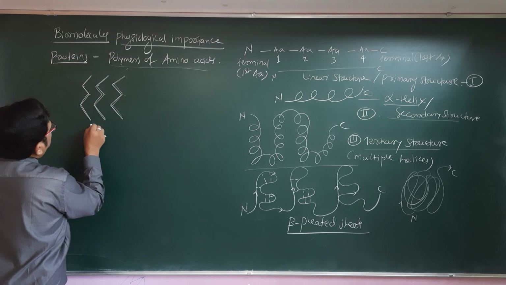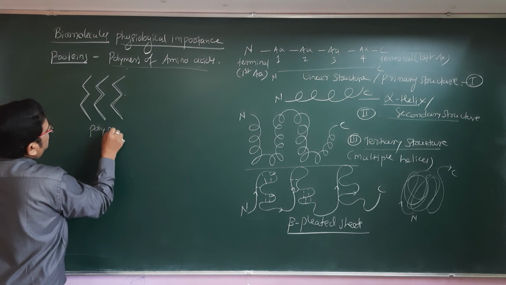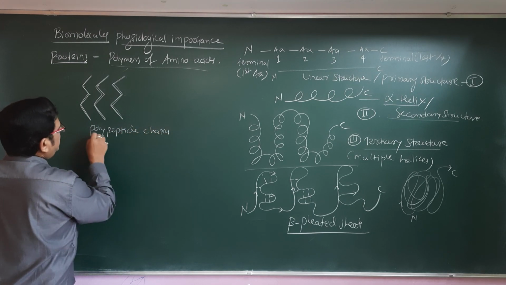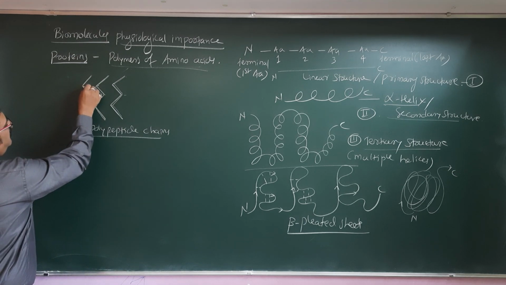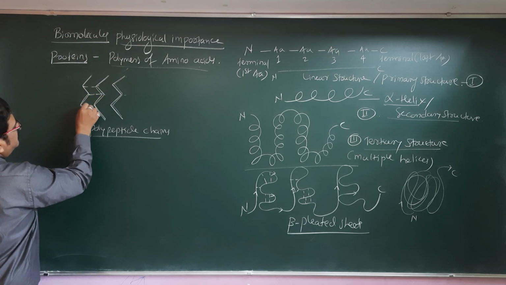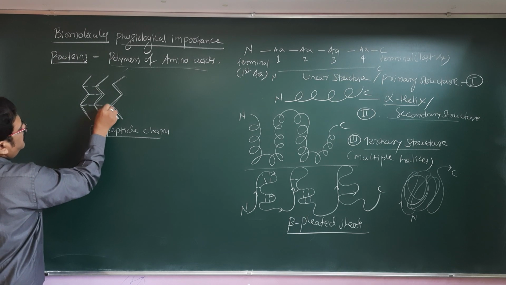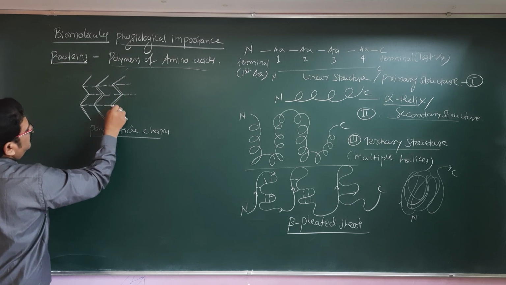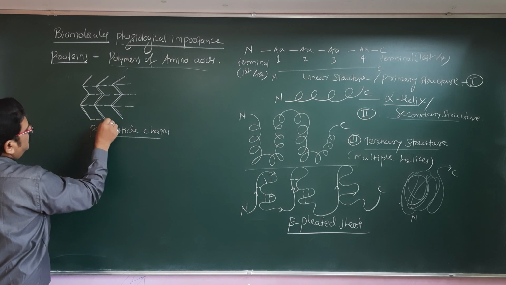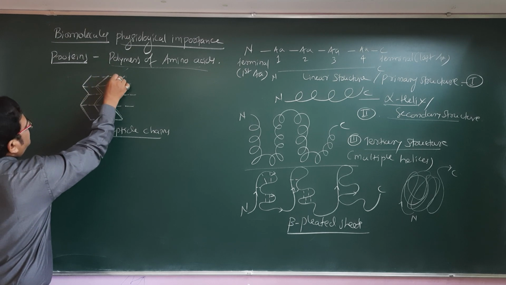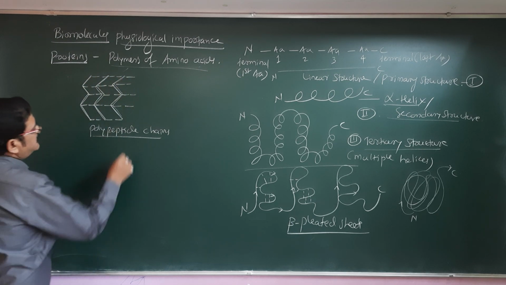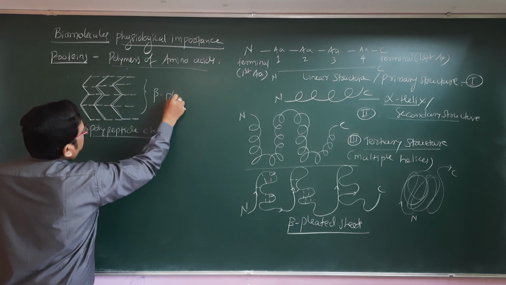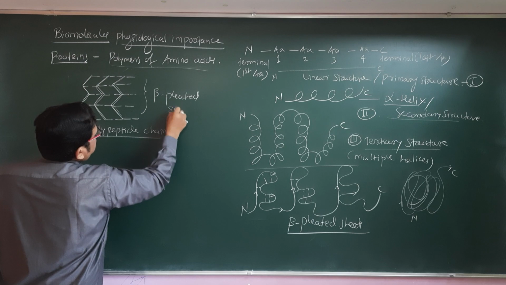We call them polypeptide chains of amino acids. But these are again linked by a particular bond between them. They are connected by bonds, so this is also called a pleated structure. This is all known as beta pleated structure.